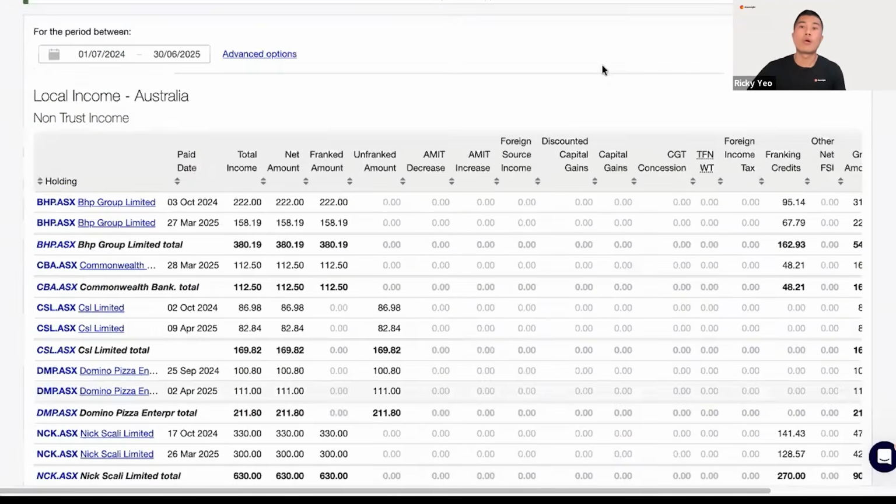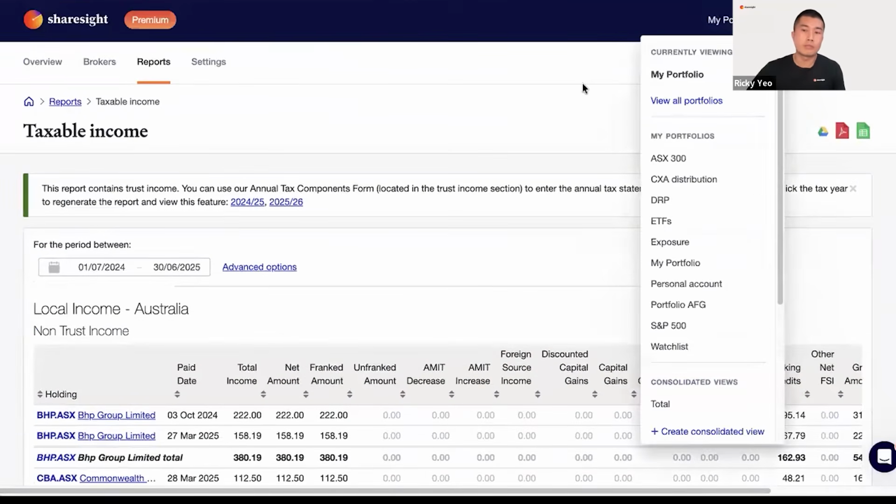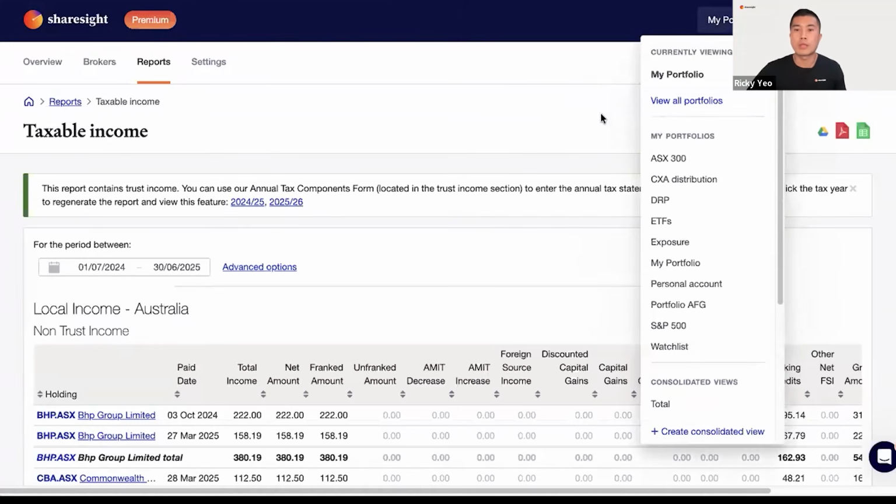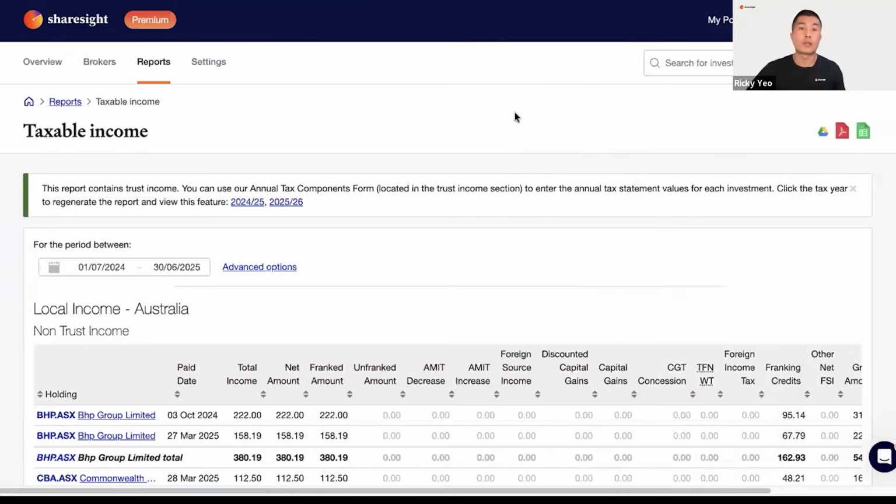On our paid subscription, depending on the paid plan that you have, you can have all of them under a single login. You log in once, and then you can add your portfolio for your personal name, one for your company, and one for your SMSF. I'm on the premium plan, so I have 10 portfolios. But for the investor plan, you can add up to 4 portfolios. So you only need a single login for that.